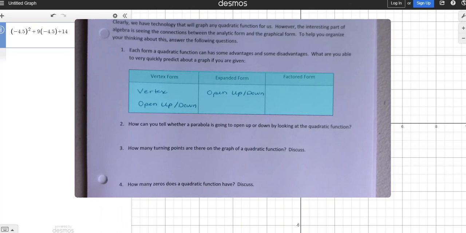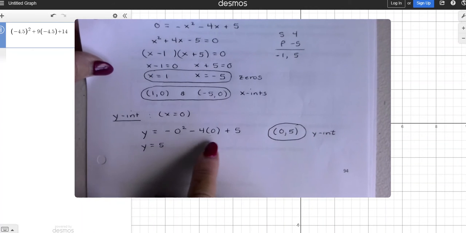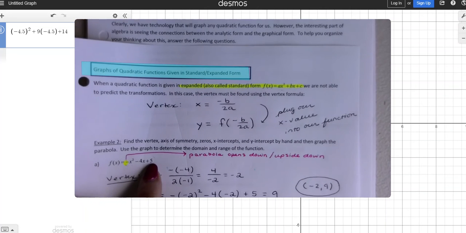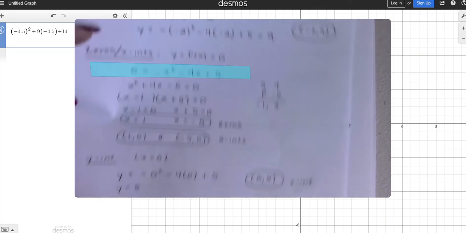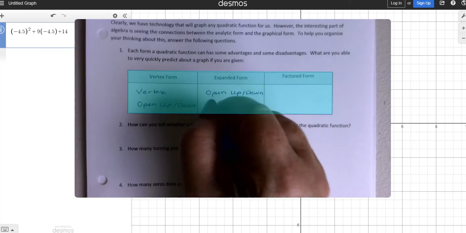And the other thing that was really easy from the standard form is that y-intercept, right? That last number, that c value, when you plugged in x equals 0, that's all you were left with. So really, getting the y-intercept was really, really easy with the standard form.